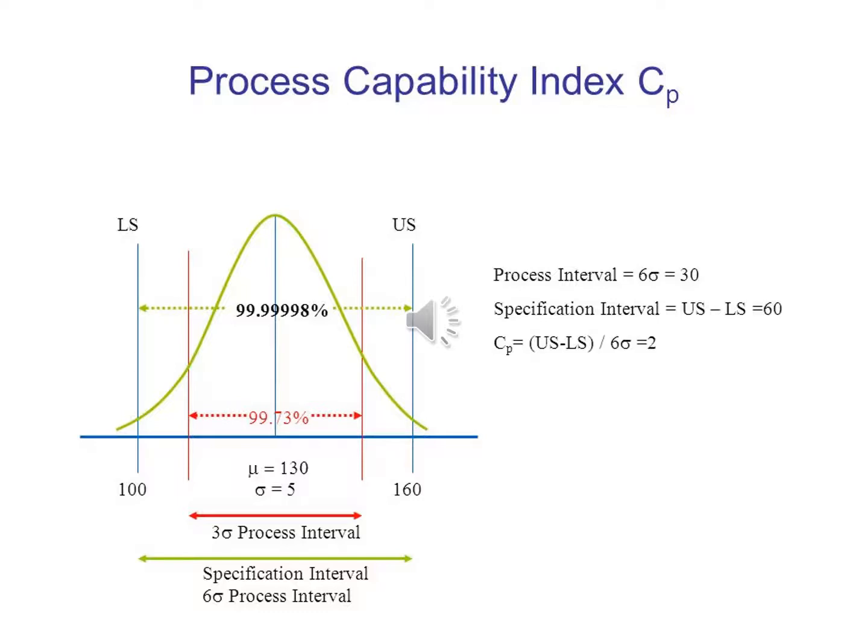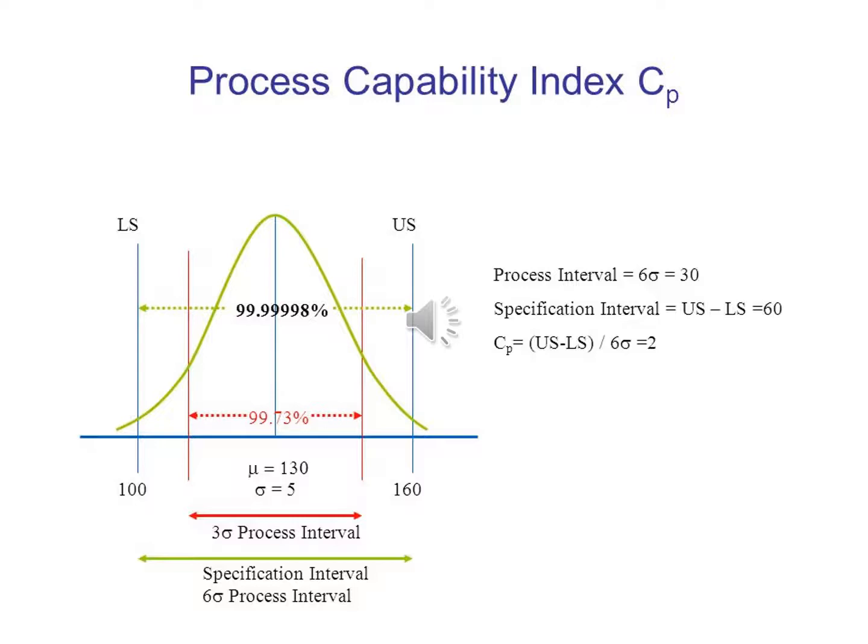So 6 times 5 is 30. My specification interval is the upper spec minus the lower spec, or 160 minus 100, or 60. And Cp is just basically upper spec minus lower spec, which is 60, divided by my 6 sigma, and that gives me 2. So this would have a Cp of 2.00.